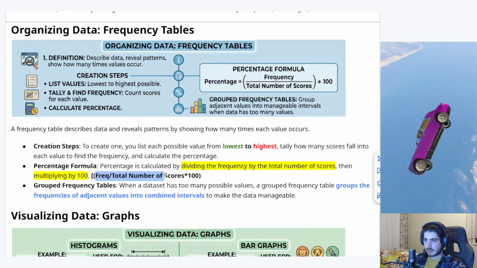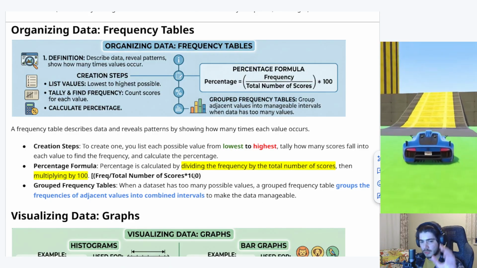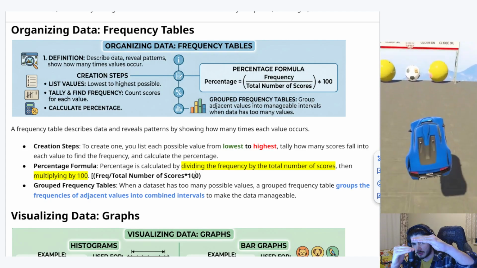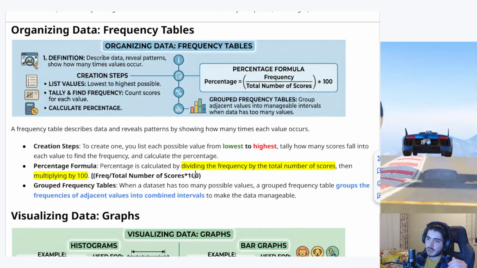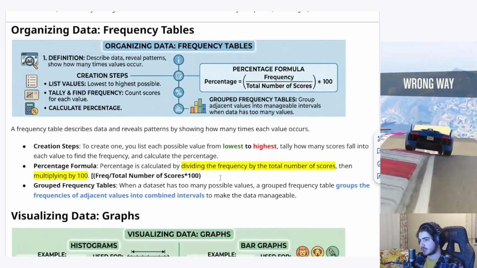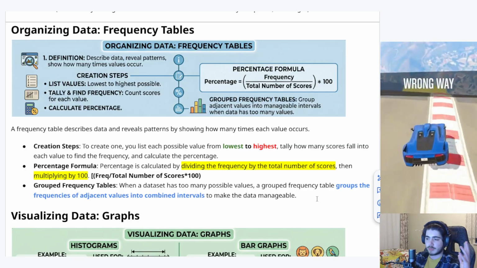How you calculate their percentages is easy as well. You take the frequency and divide it by the total number of scores, and then you multiply it by 100. I will probably forget this, but it's quite simple. It's basic maths. It's just that I'm very stupid at maths.